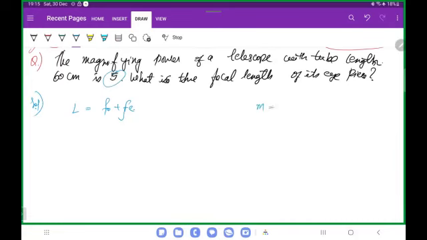M equals f_o by f_e. You can remember that. And length is f_o plus f_e. But here instead of addition, division is given as 5. So f_o is 5 times f_e. You can substitute this one here. That's it.